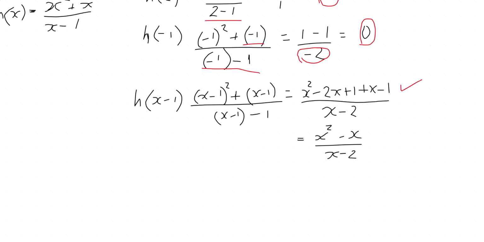Then you have -2x here and plus x here. That becomes negative x, which is why you have negative x here. And then the positive one and negative one, you don't have a value. That's plus 0. That's understood. And then the x minus 2 is exactly what we have here, which is why that's the value.